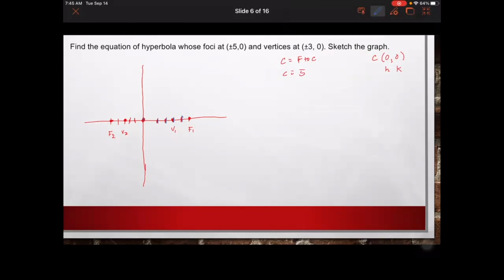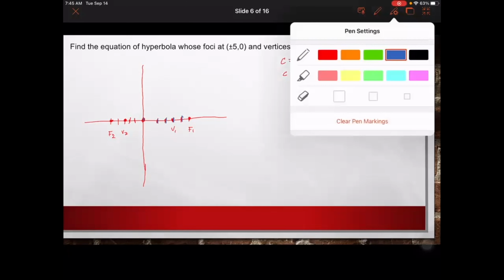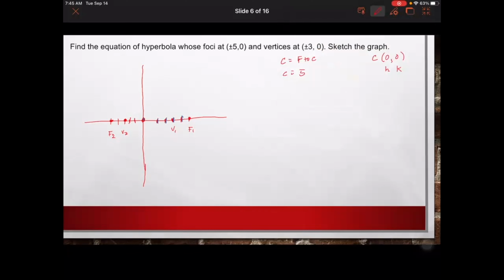That is your C. So, yung C squared natin, this will take us 25. Then, from the graph also, we can identify your letter A. So, our A is equal to V to C. So, therefore, ang ating A is equal to 3 and A squared is equal to 9.